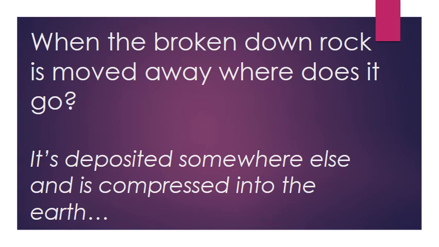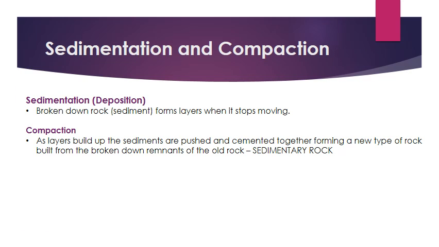Okay, when the broken down rock is moved away, where does it go? Well, it has to be deposited somewhere else. After a while, so many layers get layered on top of each other that they start compressing each other and pressing down into the earth. So the last part of this cycle that you're going to learn about is sedimentation and compaction.